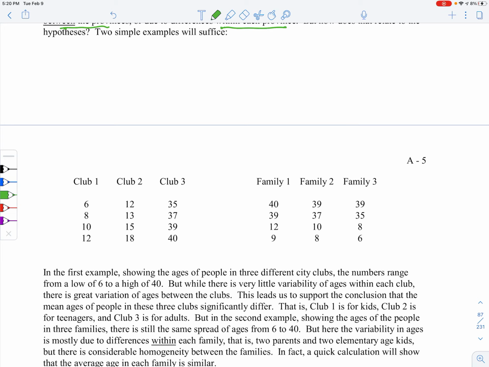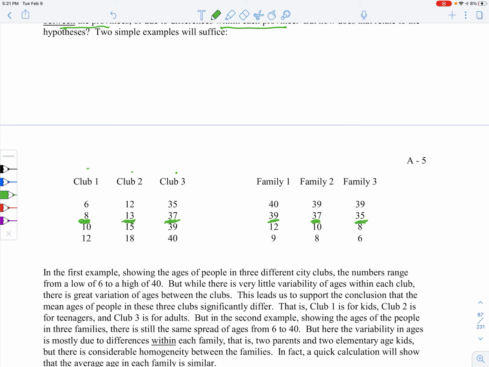If we took a look at the averages, this one would be somewhere around 9 something, this would be around 13, 14, and this somewhere in the 30s. So you would see a big difference in the averages here. On the other hand, if you took a look at the averages here, you'd find that they're probably going to be fairly similar to each other. It's something in the 20s.